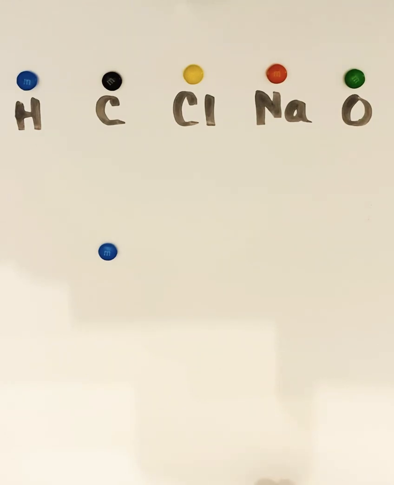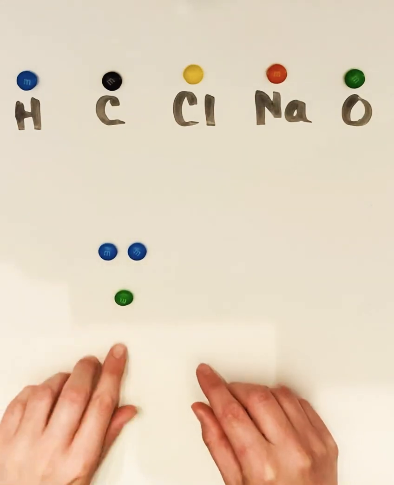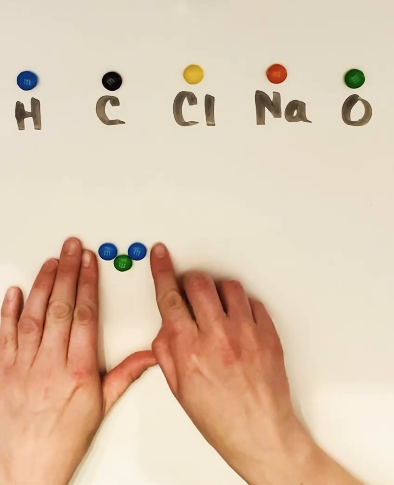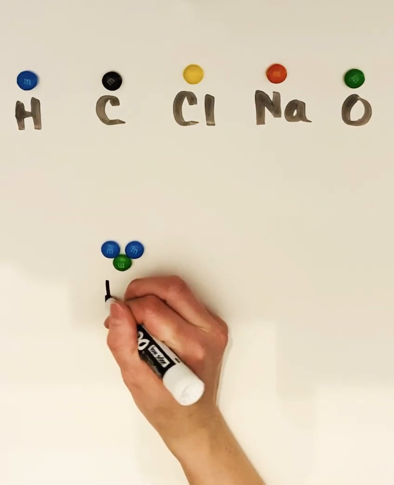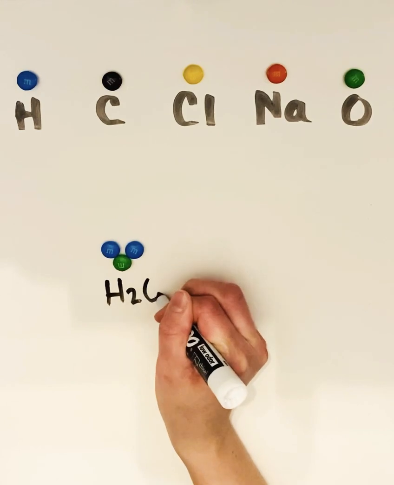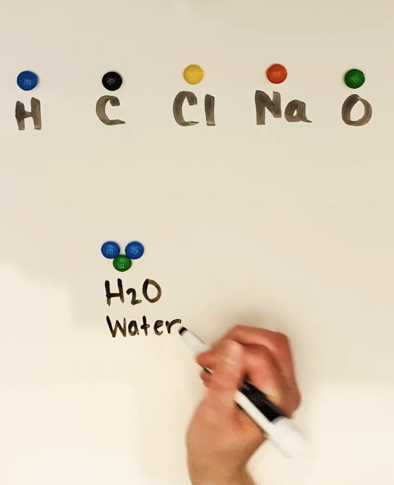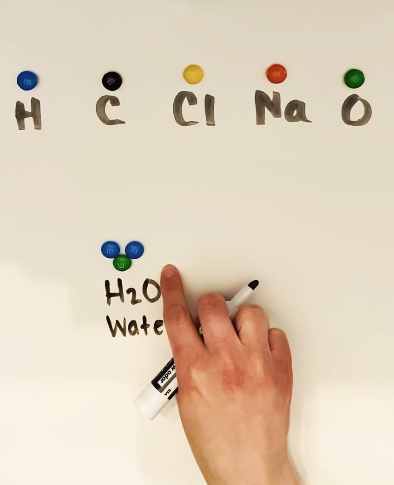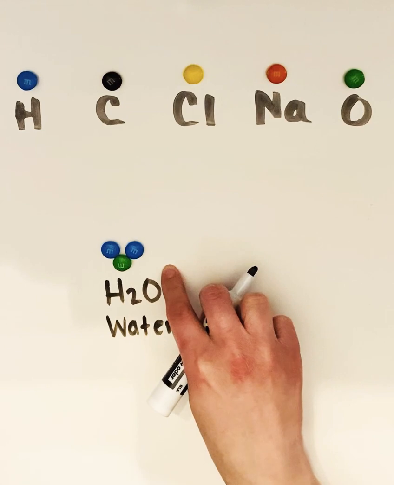I'm going to combine hydrogen with oxygen to create a very common molecule that we're all familiar with, H2O. So H2O is water. So I've created a compound. A compound is two or more different elements that are chemically combined.